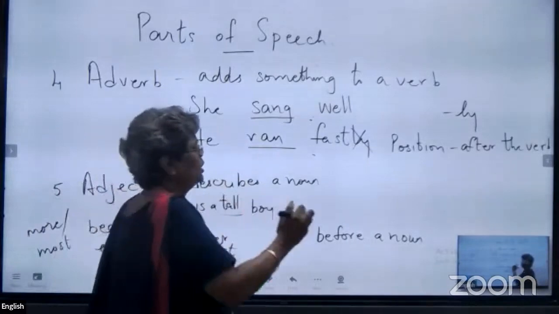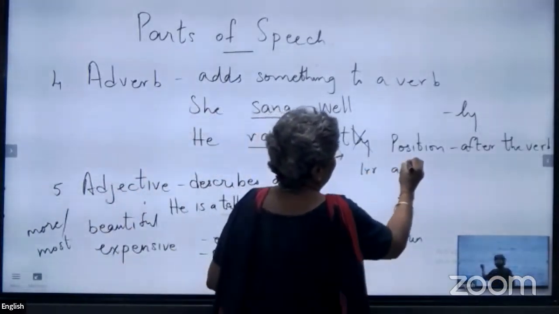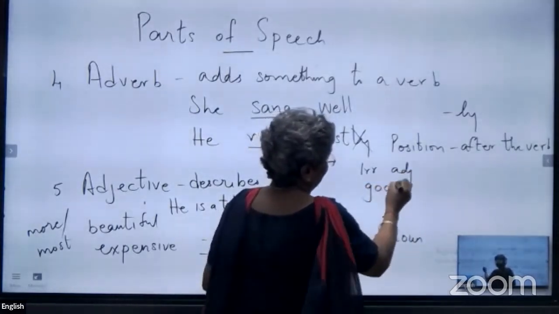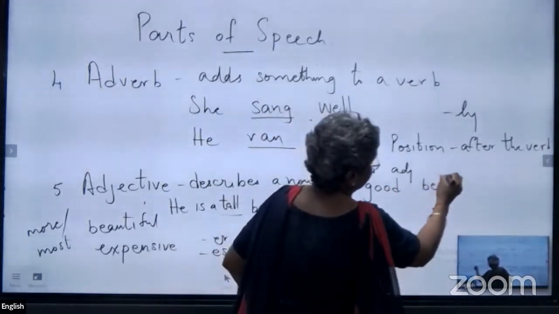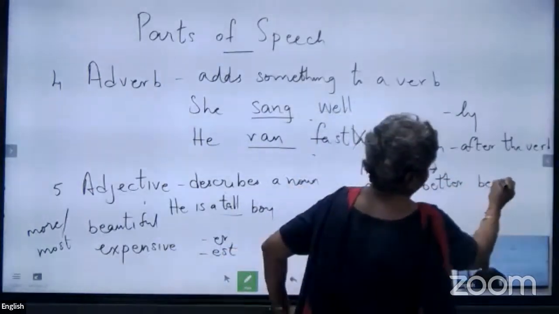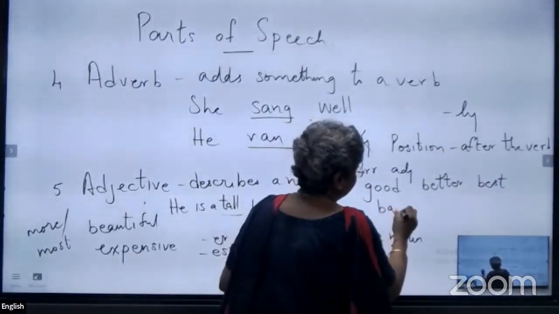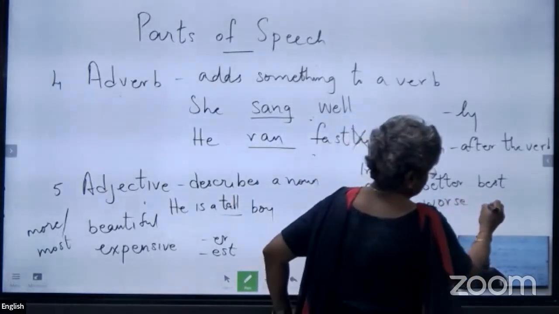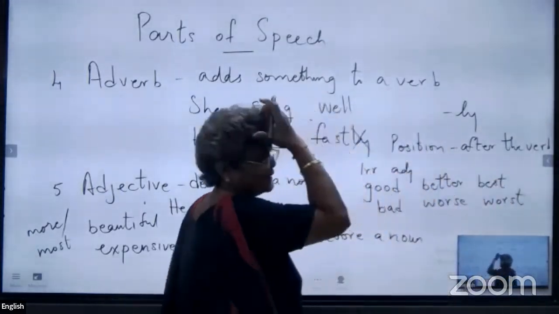But you also have irregular adjectives. Like take, for example, good. The comparative form is better. Superlative is best. Likewise, bad, worse, worst. These are some of the irregular adjectives.